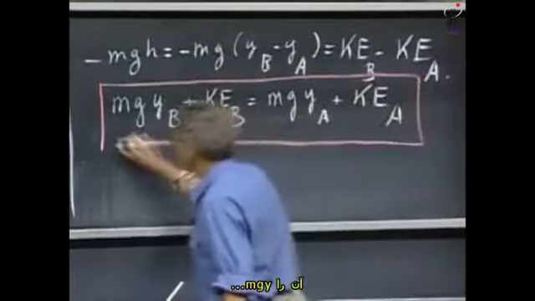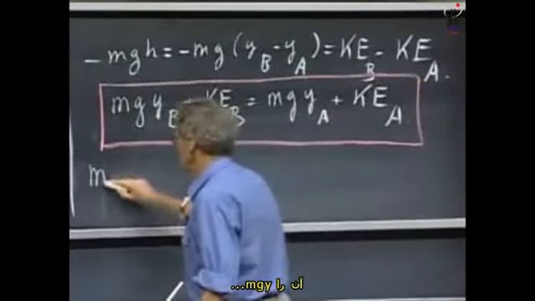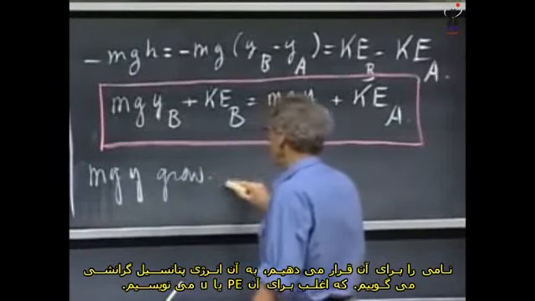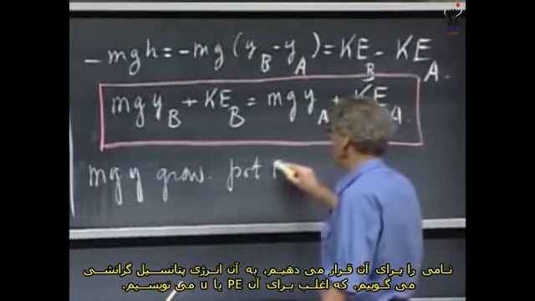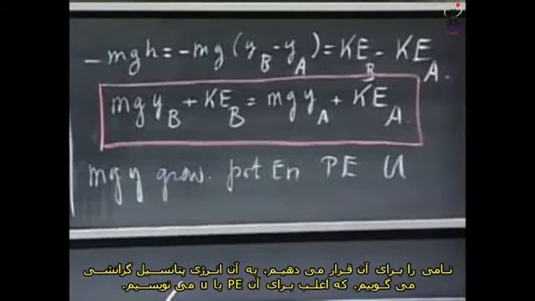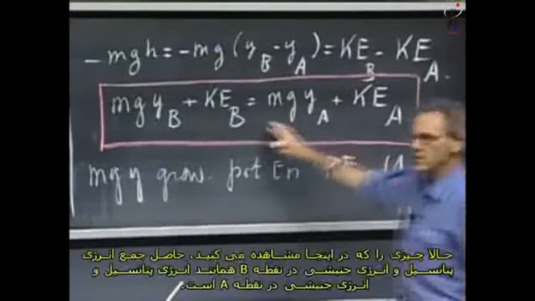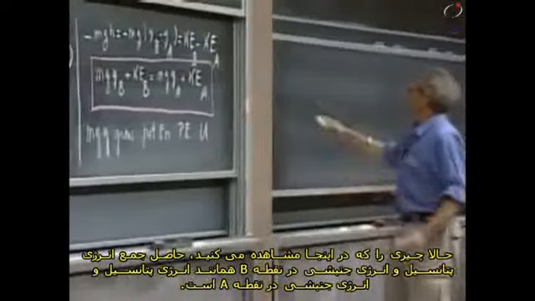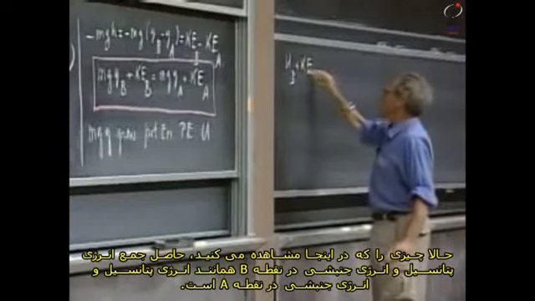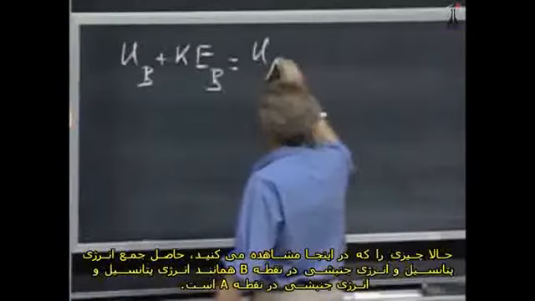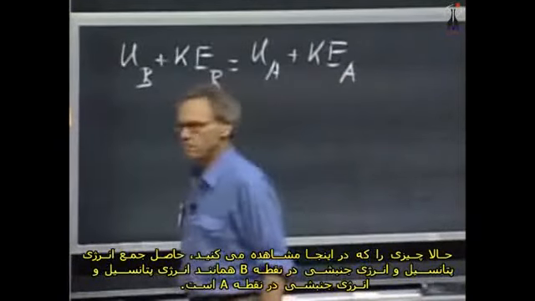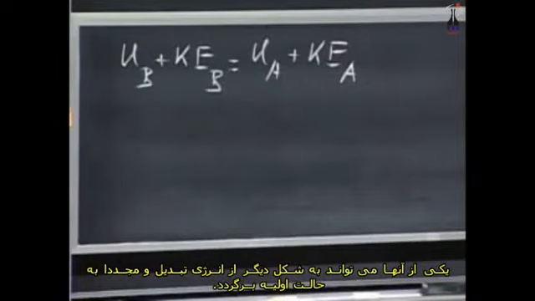We call mgy, we give that a name, and we call that gravitational potential energy. Often we write for that PE or we write for that a U. And what you're seeing here is that the sum of potential energy at point B and the kinetic energy at point B is the same as the potential energy at A and the kinetic energy at point A. One can be converted into the other and it can be converted back.